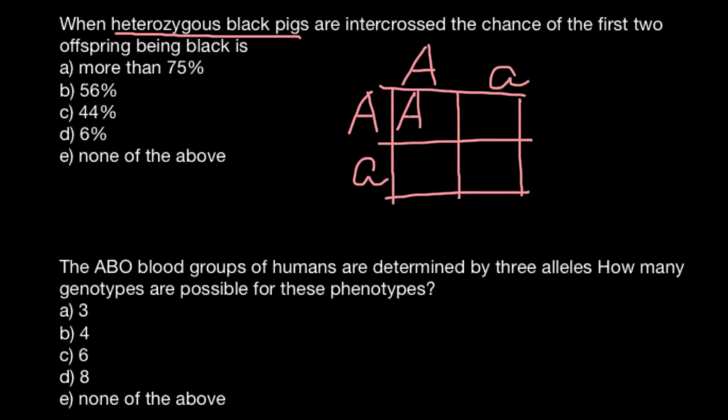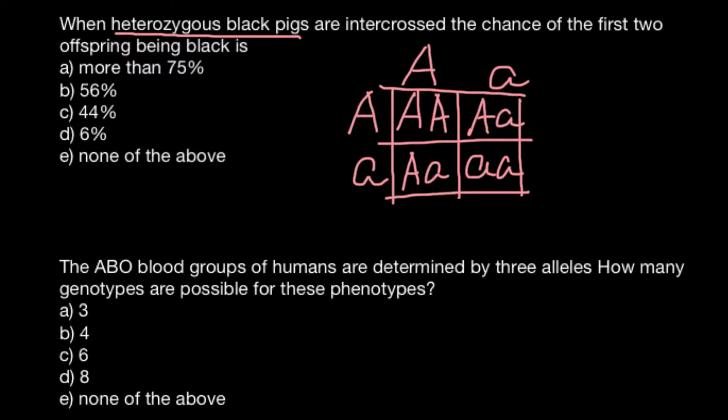Here we would have homozygous dominant, here we would have heterozygous, and here homozygous recessive.